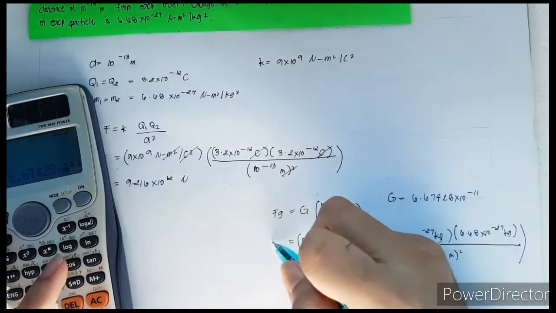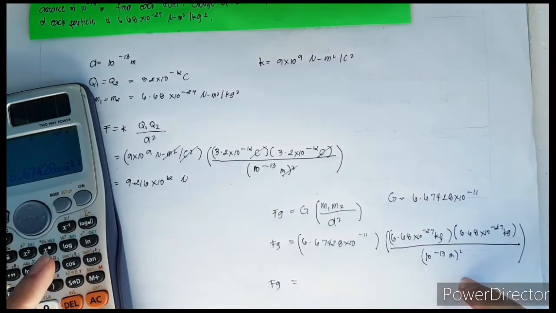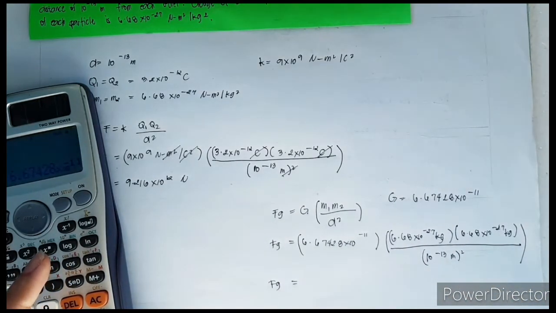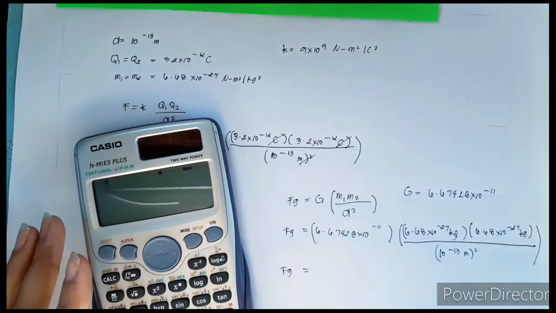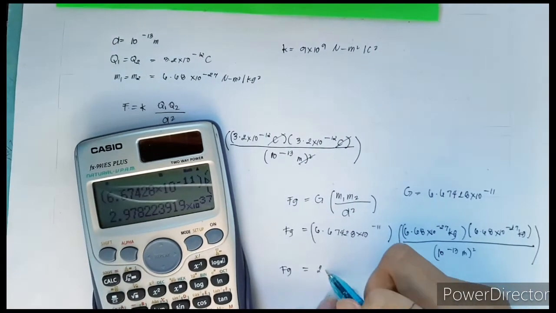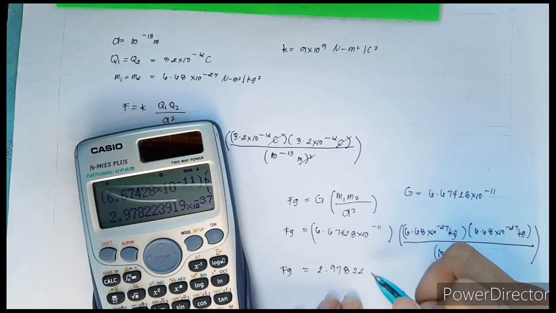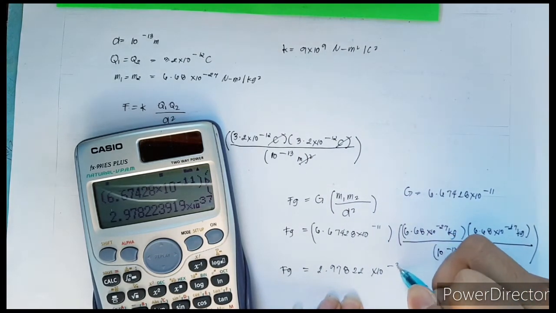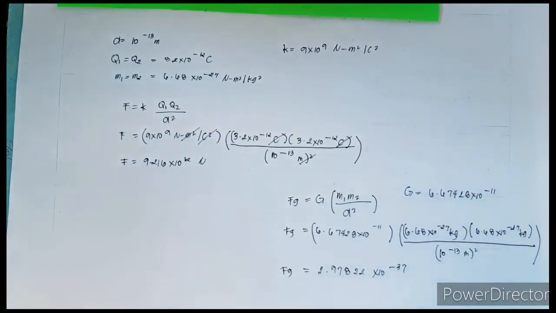And plug this one into the calculator. So we will get an answer of 2.97822 times 10 to the power of negative 37, and this one will become our force of attraction.